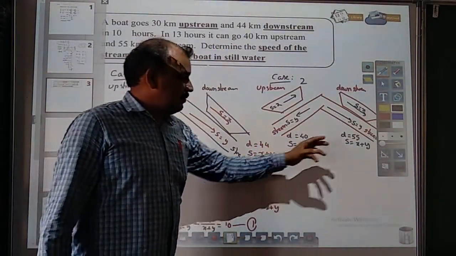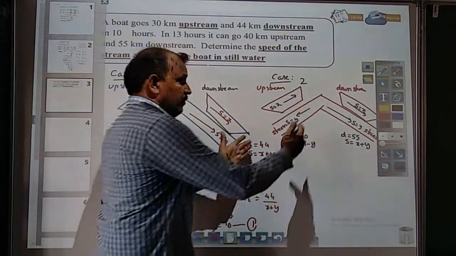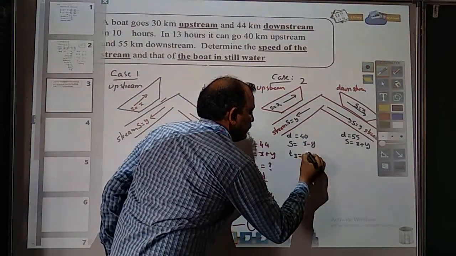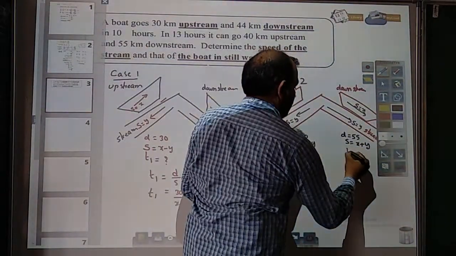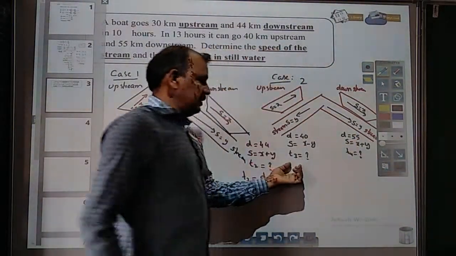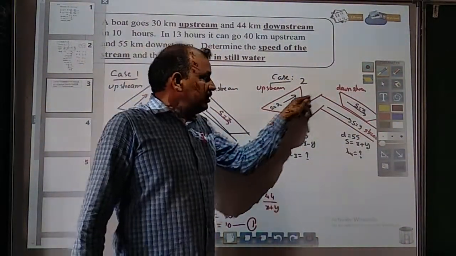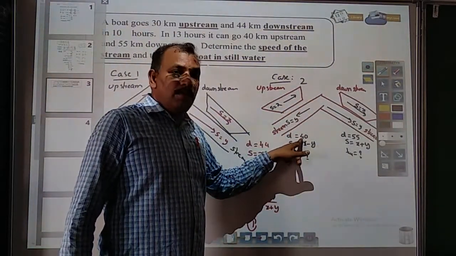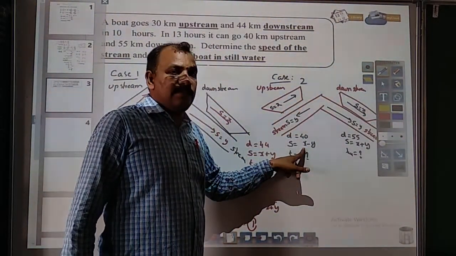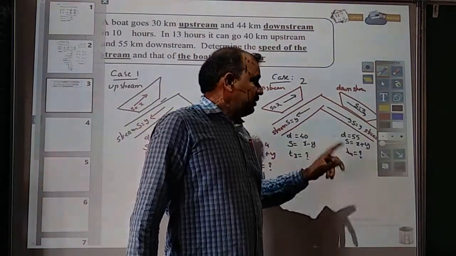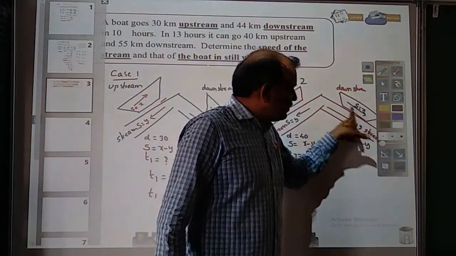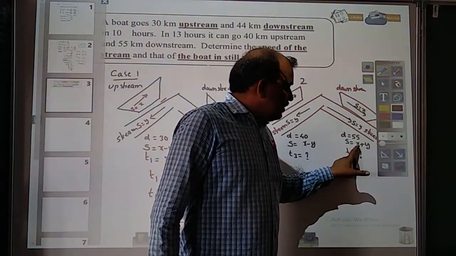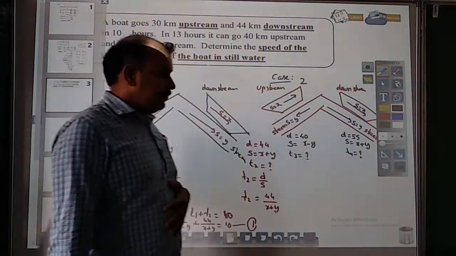So d and s are given. Then the time values: this time is t3 and this time is t4. What is t3? Time taken by the boat to travel 40 kilometer distance with speed x minus y. Here t4 represents the time taken by the boat to travel 55 kilometers distance with speed x plus y.